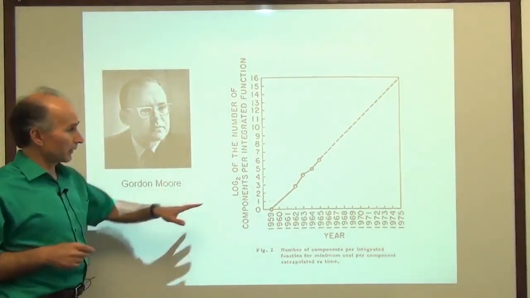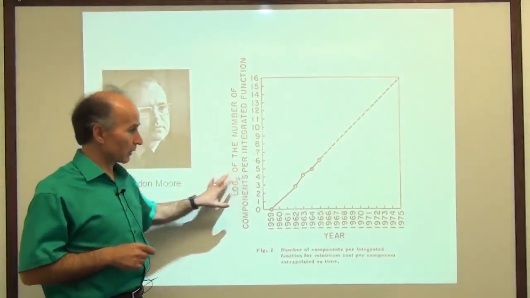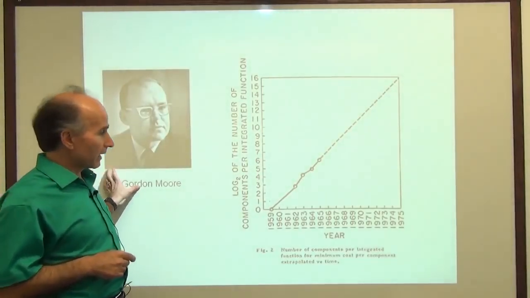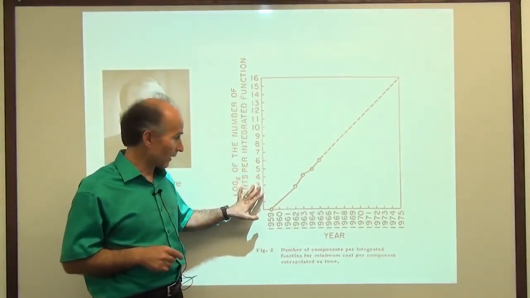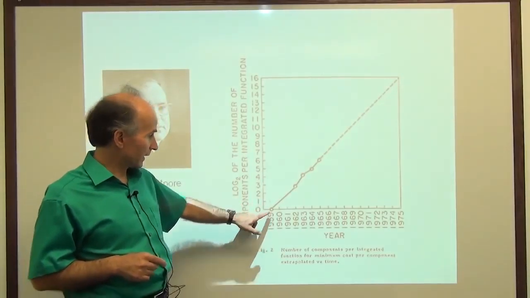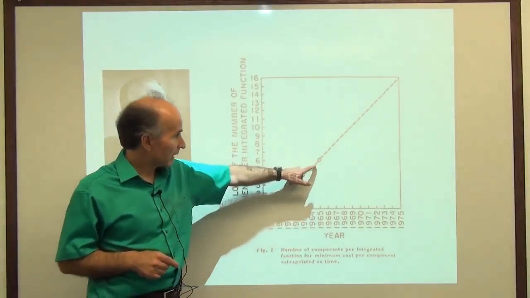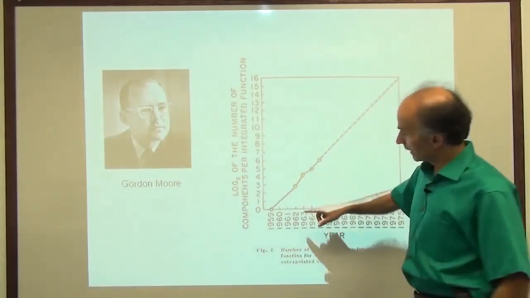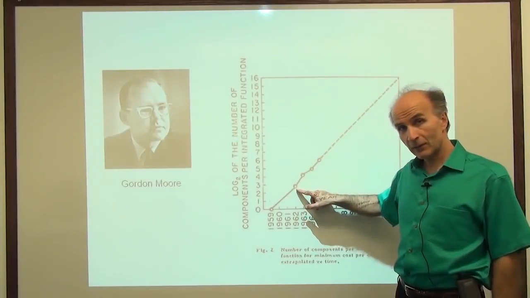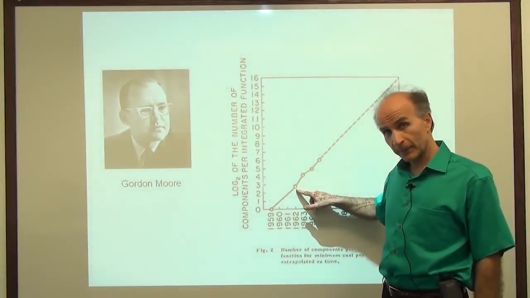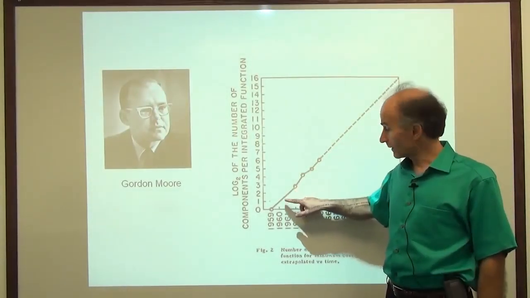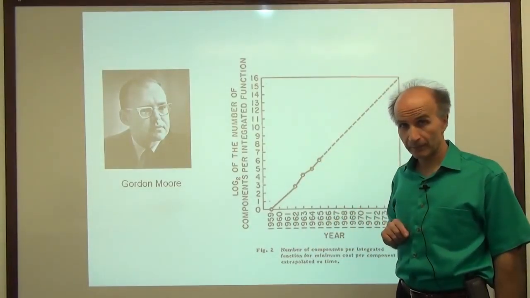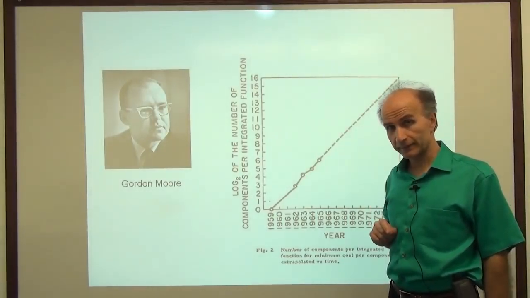This is a plot published by Gordon Moore, who is one of the founders of Intel, back in the 1960s. And in the 1960s, this is what he had observed. He said that it seems from a handful of data points that he had plotted here, the number of transistors per chip, per integrated circuit, was doubling approximately every 18 months, every 1.5 years.